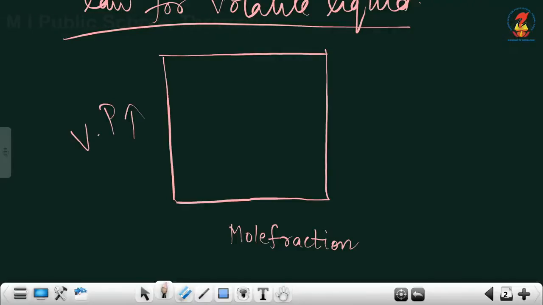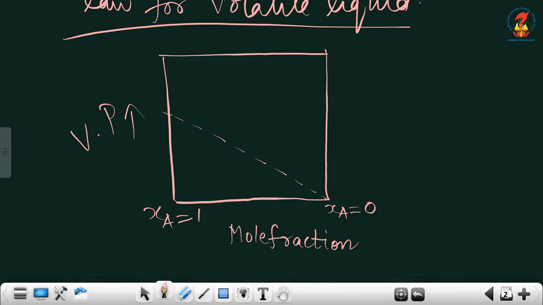Now suppose we have the solvent A. Now we know that in the beginning, the mole fraction of solvent A, XA, will be equal to 0. Now, the solvent will start changing into vapor state. So, the vapor pressure increases, and it reaches a maximum here, where we have the mole fraction of solvent A equal to 1.